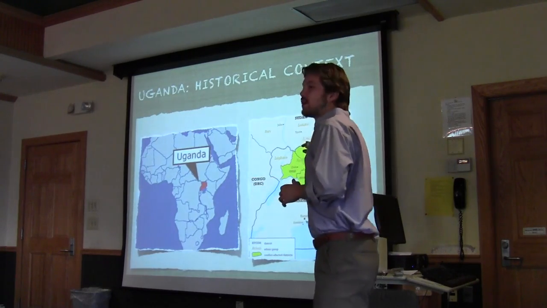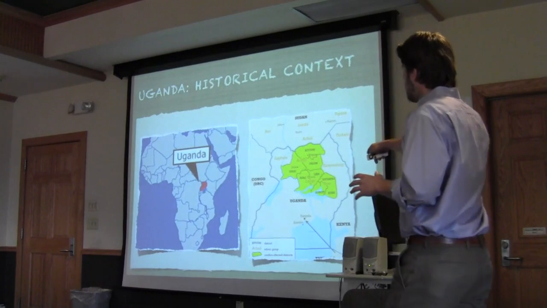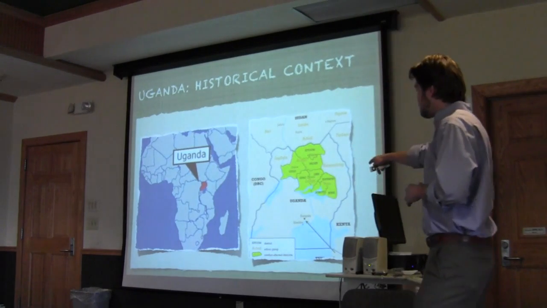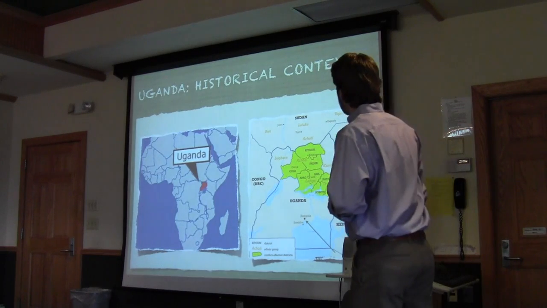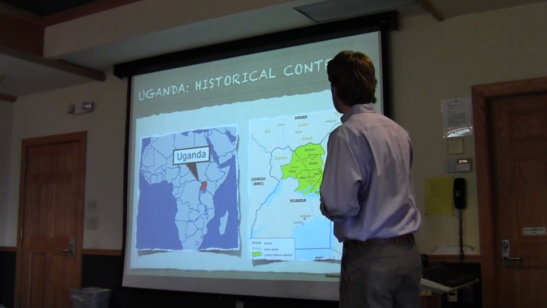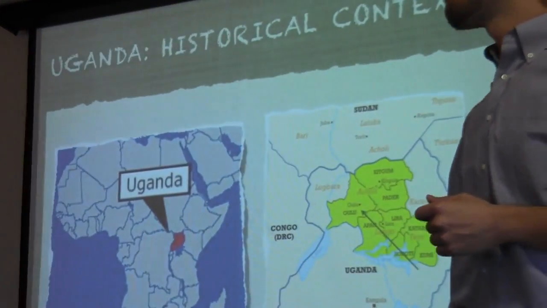So the yellow region, like I said, is the conflict area in Uganda. Kampala, where this arrow is the capital city. This is, in the southern region. And so Freedom and Creation is located right outside of Gulu and a village called Koro-Obili.